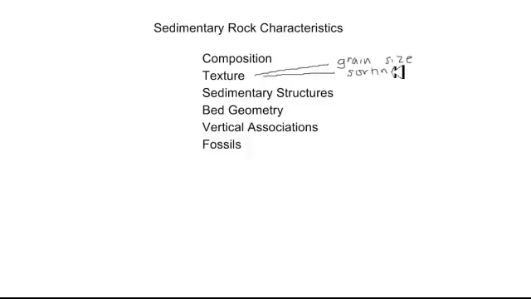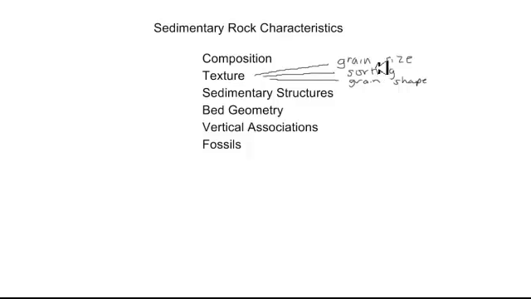That refers to the range of particle sizes that you see in the sediment deposit or sedimentary rock. And even things like the grain shape. That we discussed when we were reviewing the sedimentary rock classification, how the grain shape of the gravel-sized particles determines whether you call a rock conglomerate or breccia.